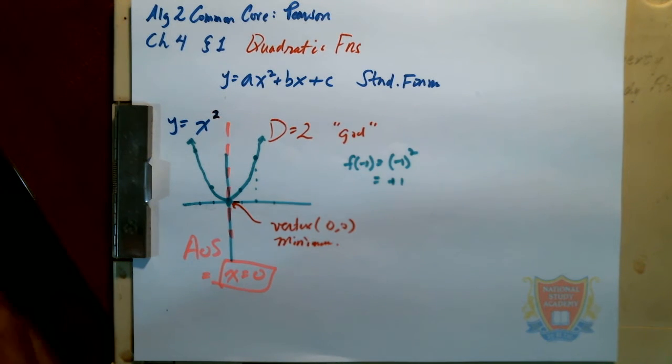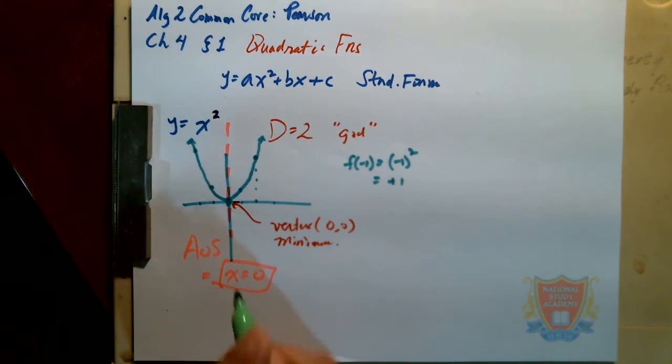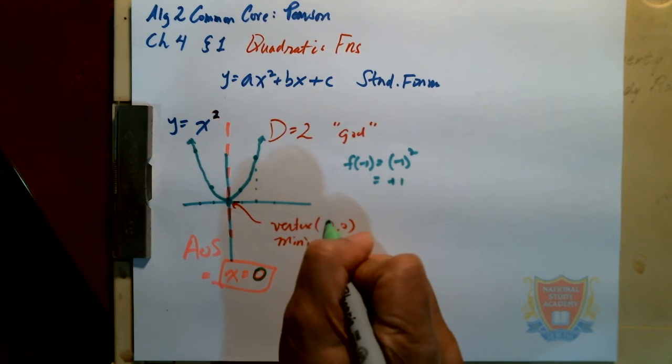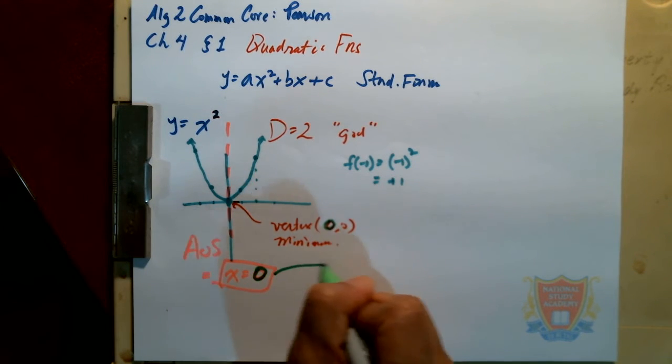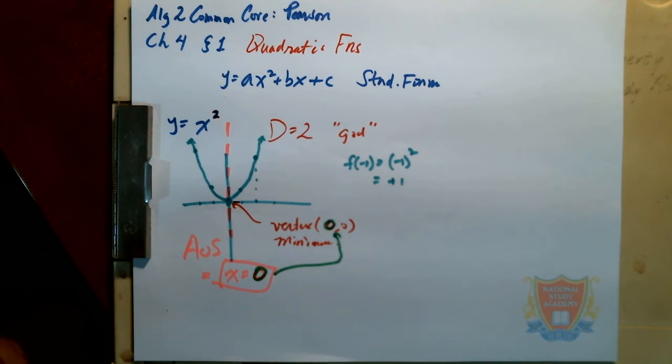I'm going to use lime green. This 0 comes from this 0, the x-coordinate of your vertex. So this right here and this right here are the same point. Okay? So basically it's a pretty simple graph, all right?